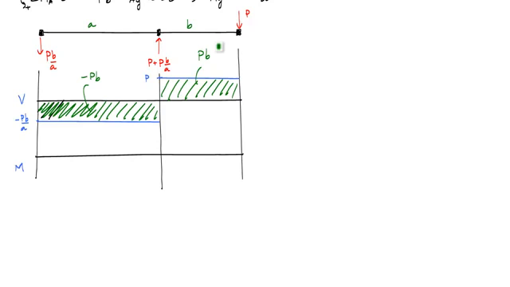So that means I start from 0 because there's no moment, and then I decrease to minus Pb, bam, and then I increase up Pb, which takes me back to 0 here. So drawing the shear and moment diagram, not too bad. The value of this right here is just minus Pb. And that would be my moment diagram.